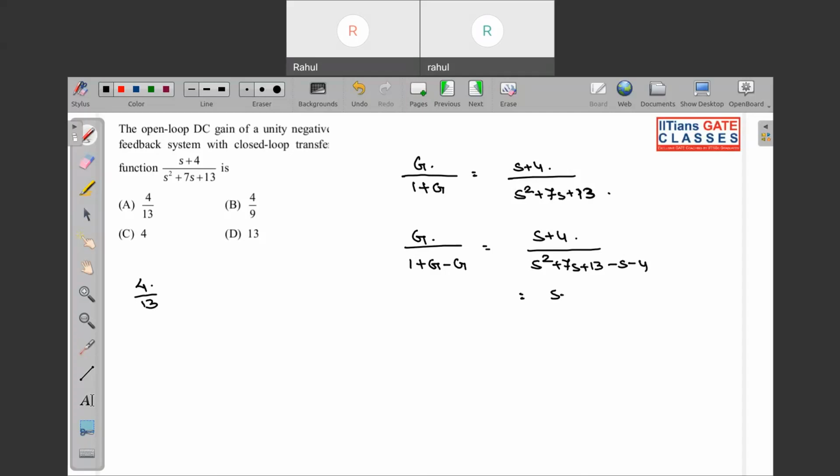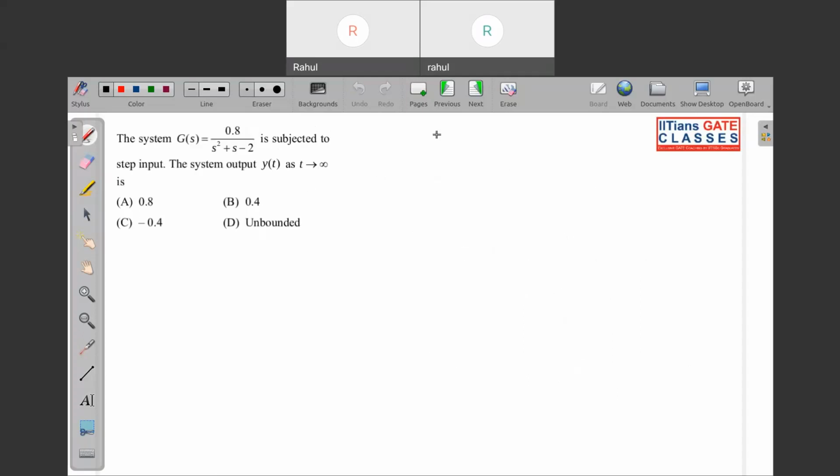So this will be (s plus 4) divided by (s square plus 6s plus 9). So what if you calculate the DC gain? This comes out to be 4 by 9. So 4 by 9, option B is your correct answer. Now calculate this one quickly.